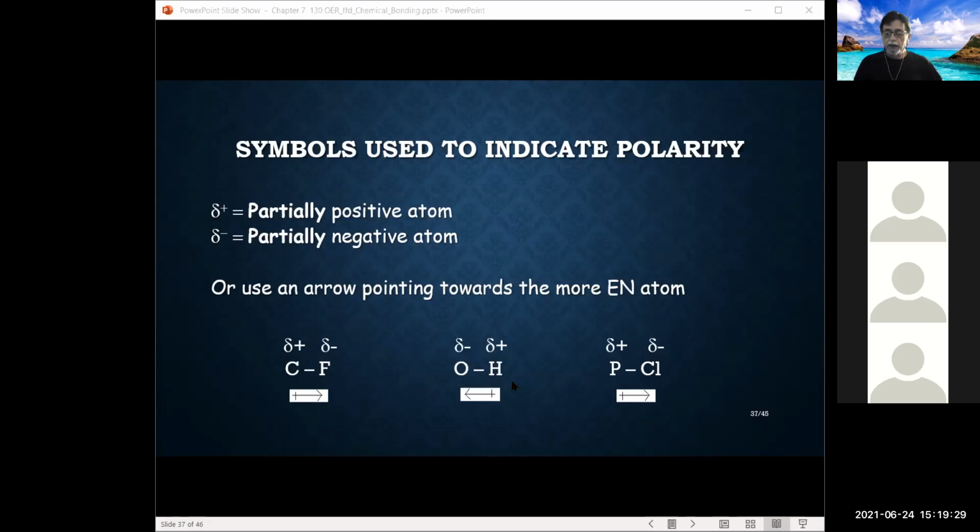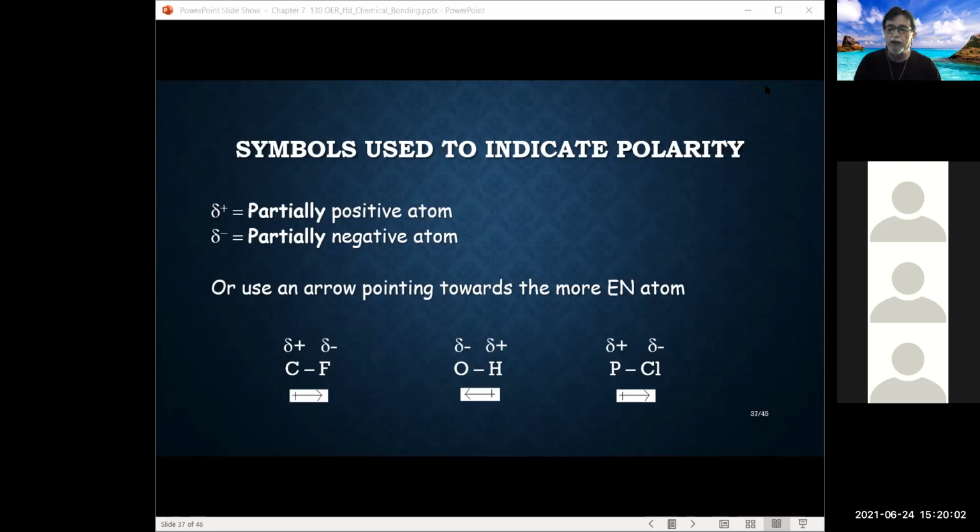Left to right. If we look at an example of oxygen and hydrogen, again, we have a polar bond, two different elements. In which direction does the polarity run? Toward oxygen. Why? Because oxygen is a lot more electronegative than hydrogen. Therefore, oxygen would have the partial negative and hydrogen will have the partial positive. And the dipole arrow here would be written from right to left because that's how the bond was written.